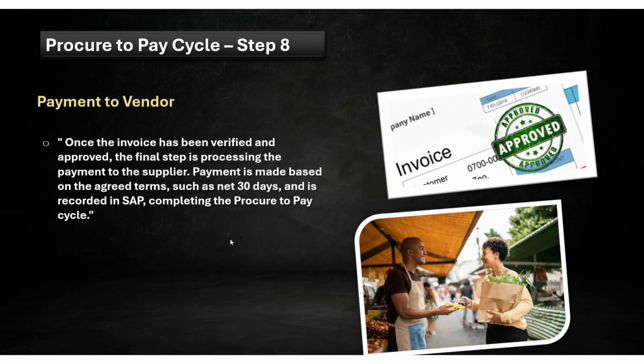SAP handles this automatically once the invoice is verified. With this step, we close the loop on the P2P cycle, ensuring that our suppliers are paid for their goods or services. Right?